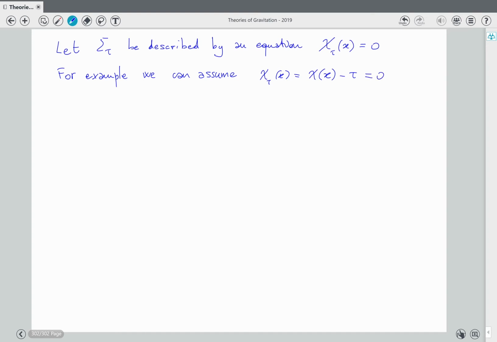So the equation of sigma tau will be chi of x equal tau, which means that when you vary tau, this chi of x, instead of being 0, will be constant for every tau.